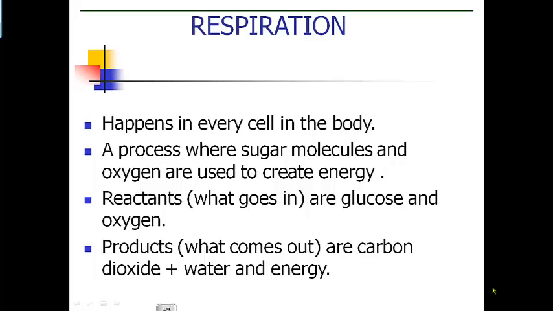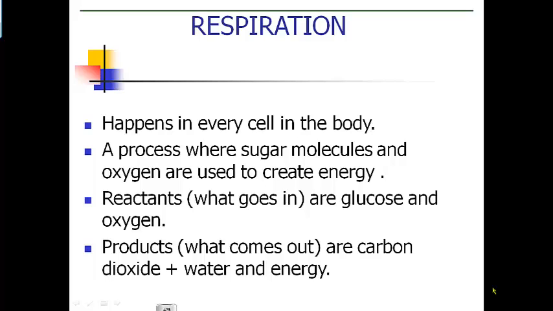Breathing is the process of bringing oxygen into your body and releasing carbon dioxide from your body through your respiratory system. Okay? So breathing is when you breathe in air or oxygen, and then you breathe out carbon dioxide. Okay, that's breathing.